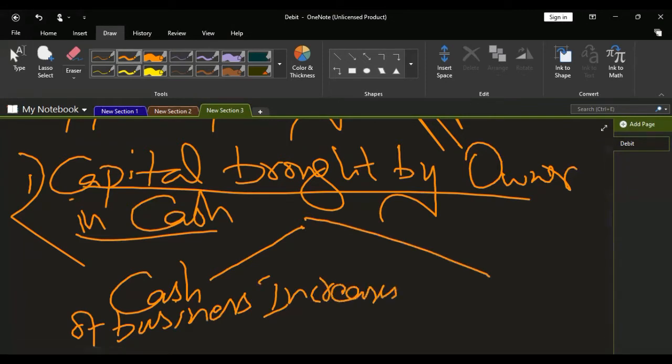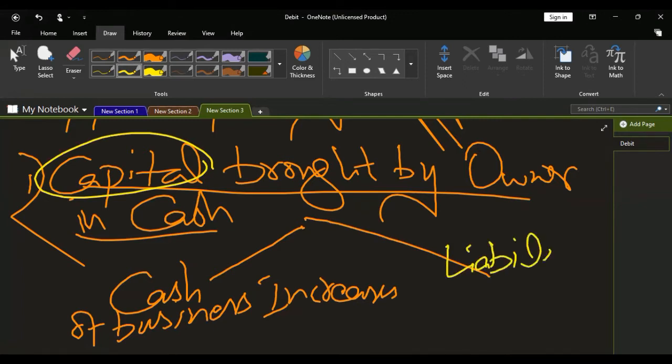And the other impact is that capital is actually a liability for a business, as the business has to return this amount to the owner when the owner requires, along with the amount of interest or profit. So the other item that will be affected is the business liability. Liability of business increases.